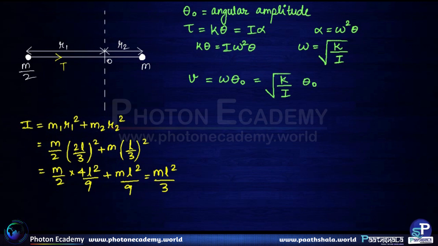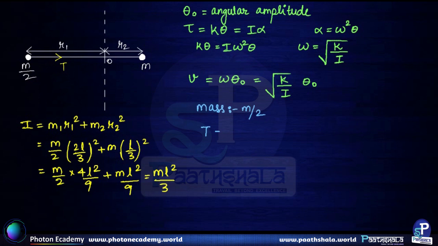Now let us see for the mass m by 2. This tension force acts as the centripetal force for circular motion of this mass m by 2. So tension will be equal to m by 2 v square by r1.